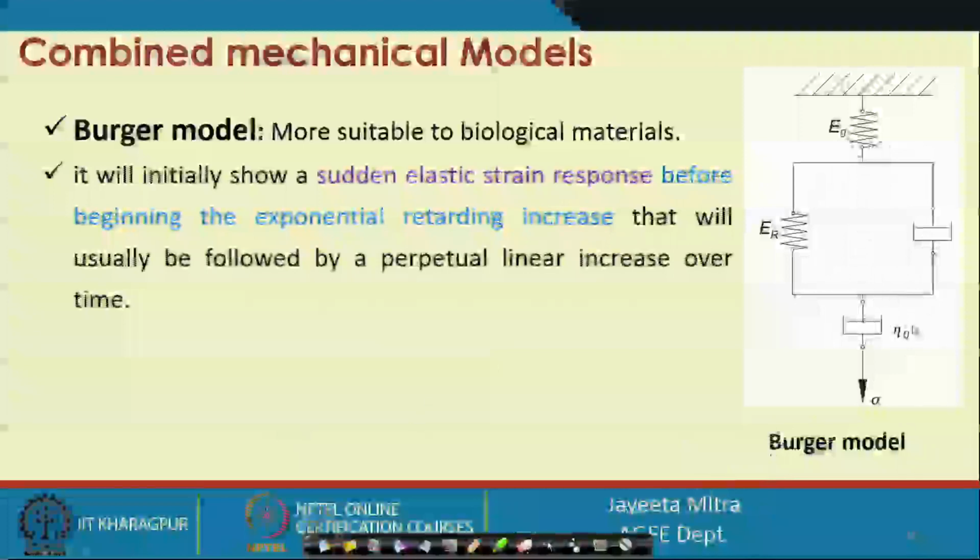Then it will show exponential retarding that will increase because of this parallel effect of spring and dashpot, and then a perpetual linear increase in the flow will be observed.